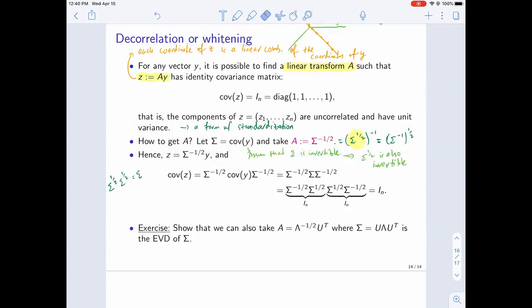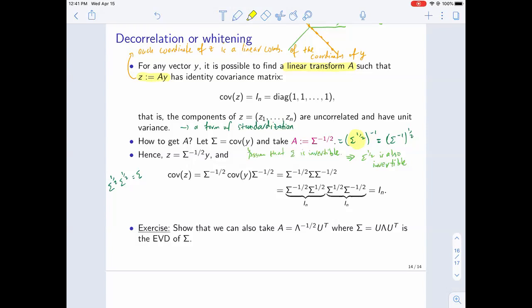You take the spectral decomposition of sigma, and then you take the square root of the lambda matrix. Yes, that's a good way of doing it. It shows that the eigenvalues of sigma 1/2 are the square roots of the eigenvalues of sigma. So if none of the eigenvalues of sigma are 0, then none of the eigenvalues of sigma 1/2 are 0, so sigma 1/2 is also invertible. So the thing that I wrote here is valid, and I can take the inverse.